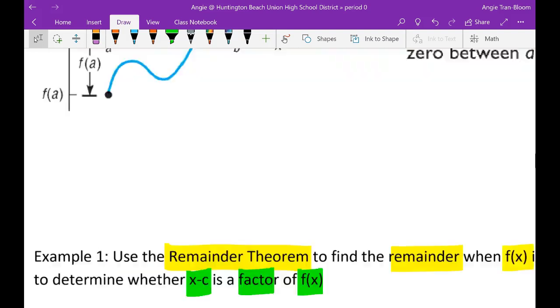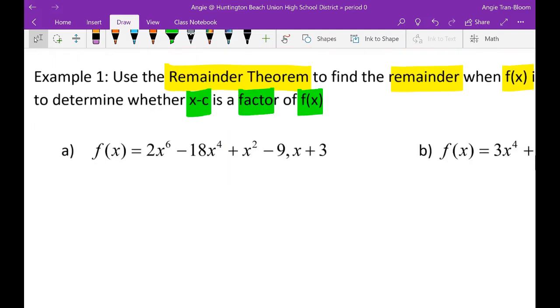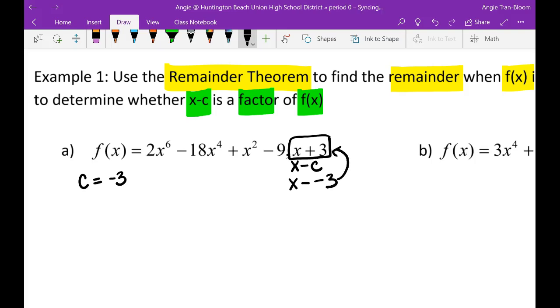So it says use the remainder theorem first, so that's what we will do. For this one, here is x minus c. What does that mean? Then c is what? What will make this a positive 3? C would have to be a negative 3. Let's test it out: x minus a negative 3, two negatives make a positive.